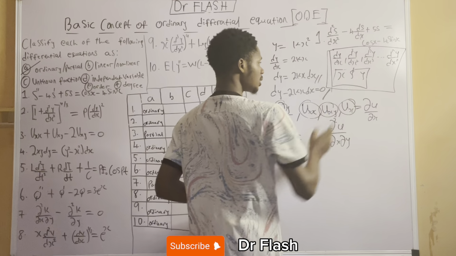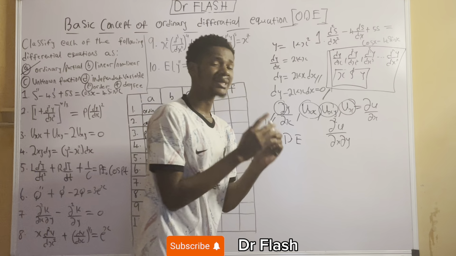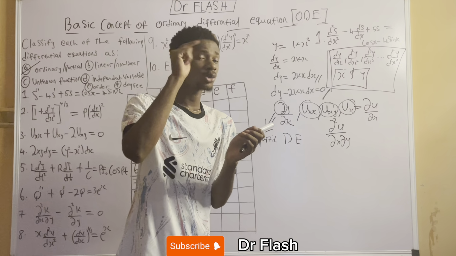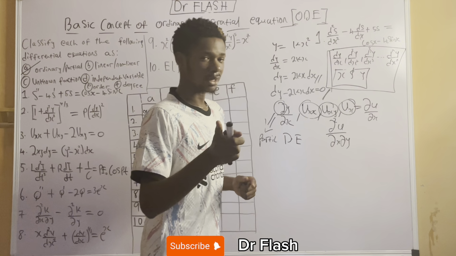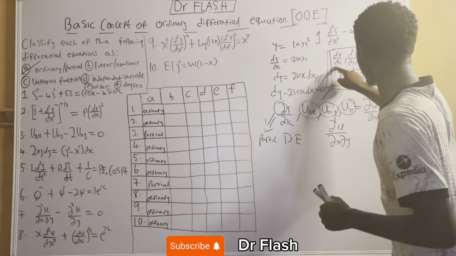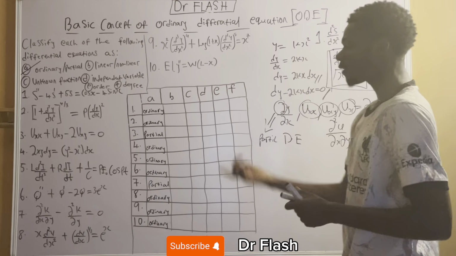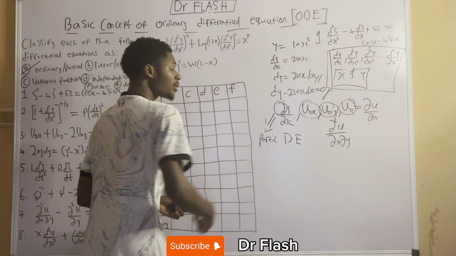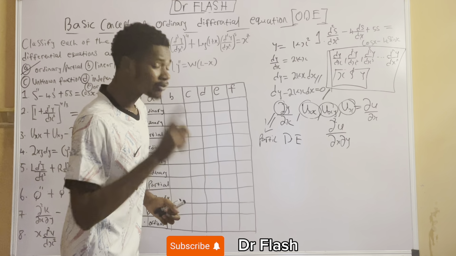Take note that whenever these derivatives have an external bracket and a power on top of that external bracket, we are going to take it as non-linear. I'll repeat, whenever these differential equations, dy over dx, d2y over dx squared, are having an external bracket, and that bracket is having a power, we call it non-linear. That is the short trick.